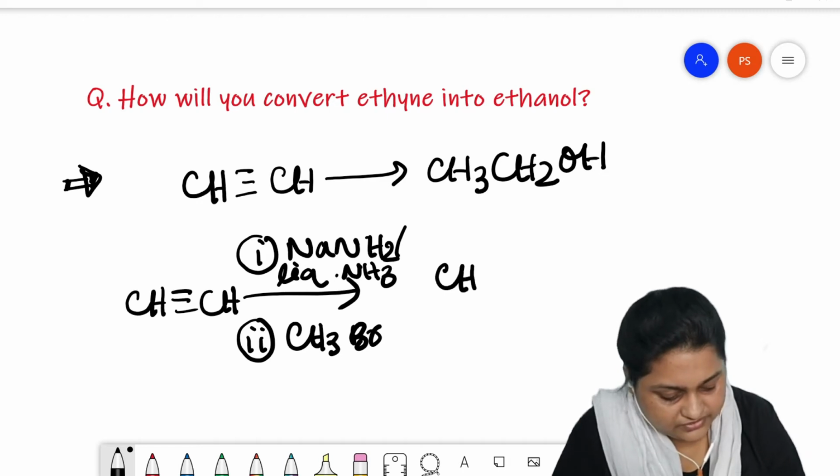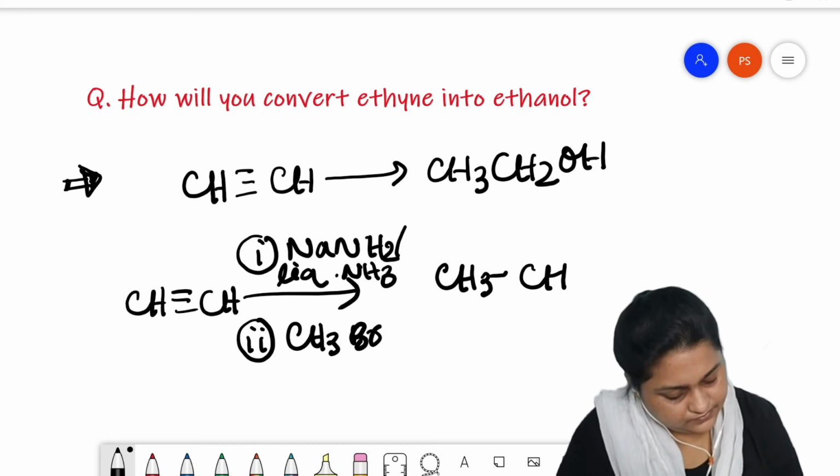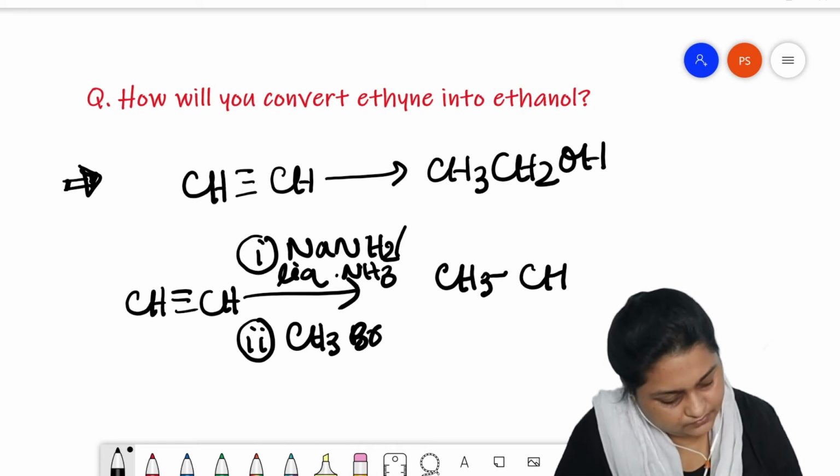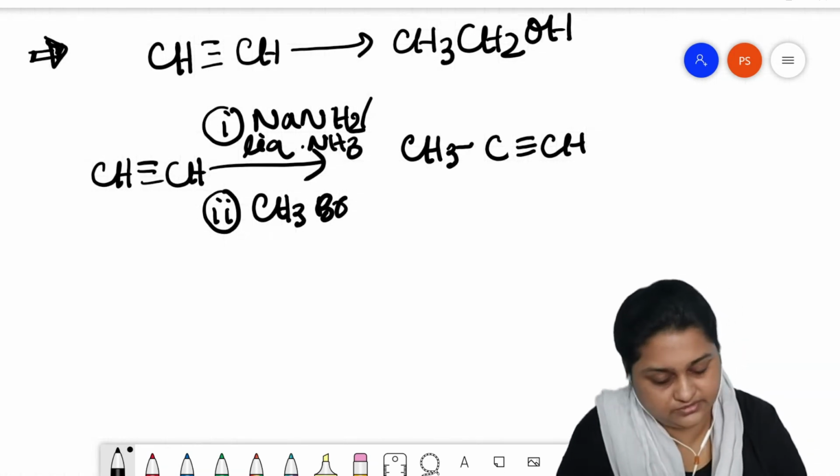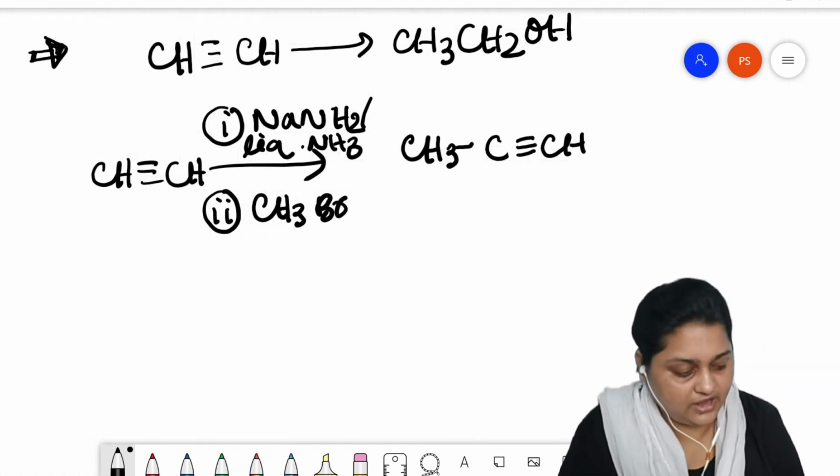This will give CH3C triple bond CH. We already studied about this conversion in a previous example.